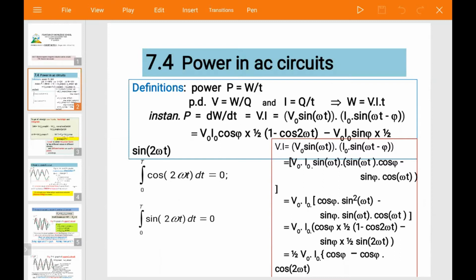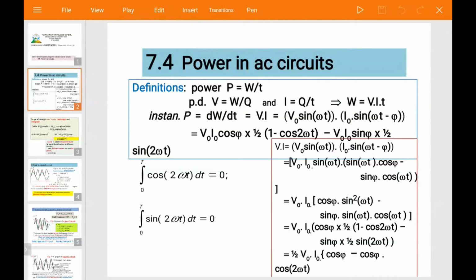Later on, in the calculation of power in an AC circuit, we will come to a formula where you get cos of 2 omega t dt over one cycle, over one period, from 0 up to period T. Again, sine of 2 omega t dt from 0. When the current starts from some position, when you start rotating the generator, goes around and comes back to the same starting point, that is one period.